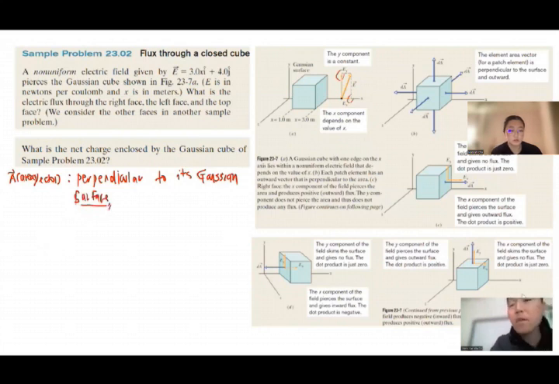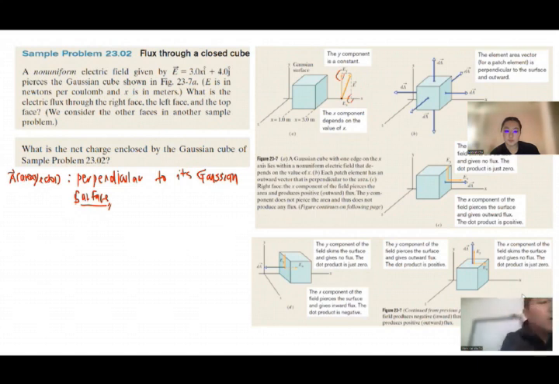If you look at picture B, the arrows indicate the direction of the area vector on the faces of this Gaussian cube. There are 6 faces, so there are 6 different vectors aligned with the x, y, z axes.